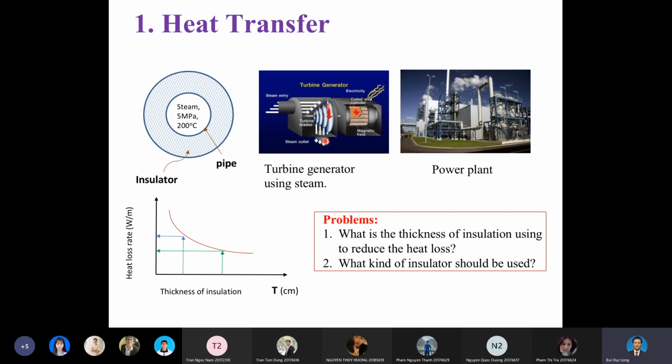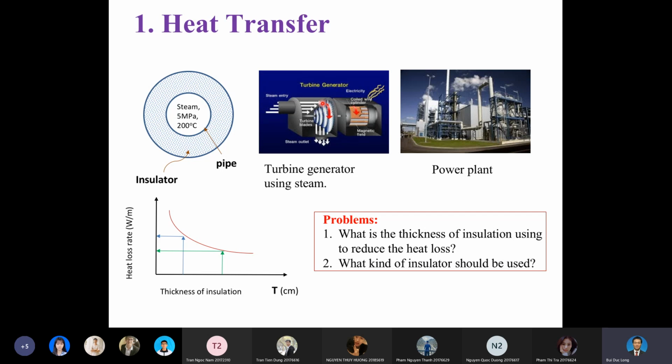So the problem is how this water steam is transferred from the boiler center to the turbine generator.